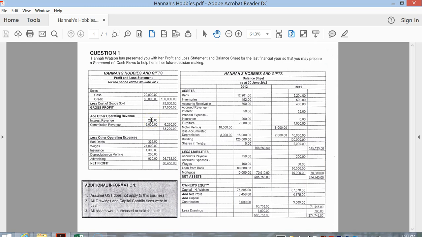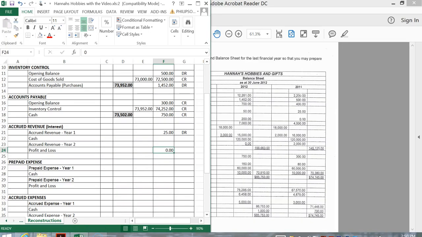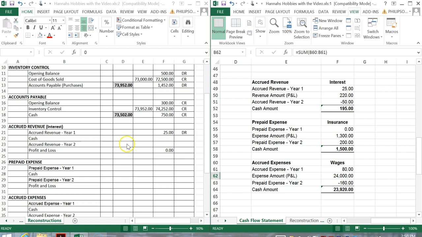That would normally be $220 credit. However, to work backwards, it's going to be $220 debit. So therefore, if we work backwards, this balance must have been $220 credit, because then if we check this, $220 credit less $220 debit gives us a 0.